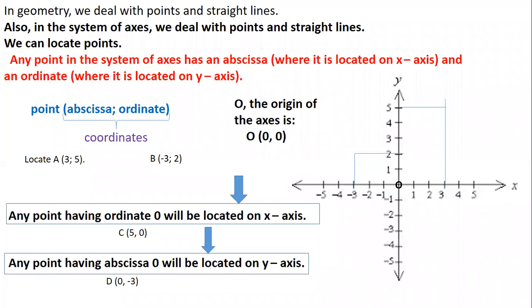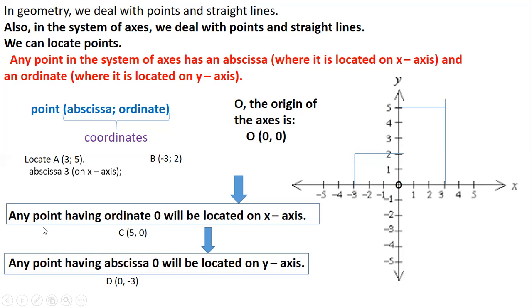Yara, if I give you, for example, a point C having an abscissa 5 and ordinate 0, because the ordinate is 0, read here, Yara, where will the point be located?